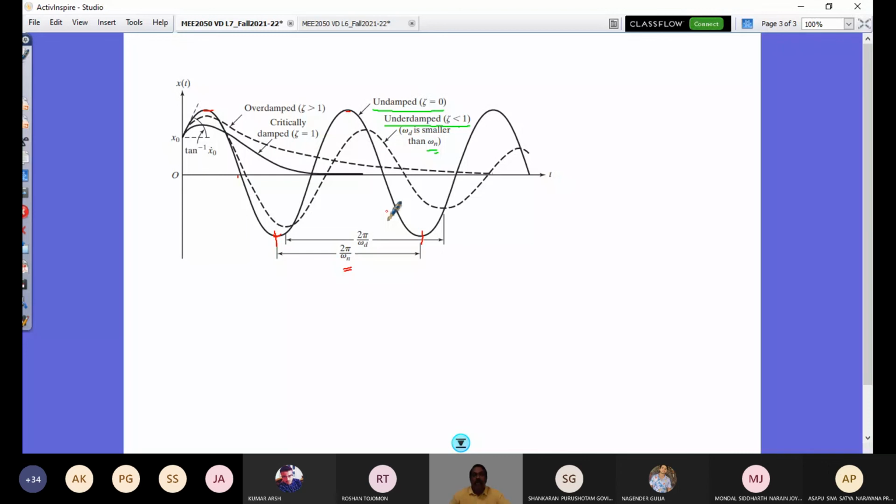That's not equal to delta, that's this ratio. If this is the ratio, I can rewrite this with 1 by m brought down: ln x1 by xm plus 1. What is zeta omega n tau d is my logarithmic decrement delta.